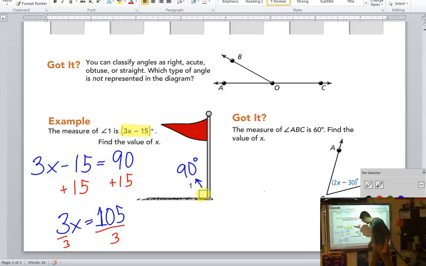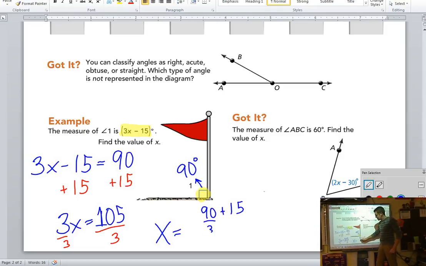Now this gets a tiny bit tricky. If it was 100 divided by 3, I'd get 33.3 repeating forever. But 105 divided by 3, let's break this up. Let's actually make that 90 and 15. So I'm trying to do this without a calculator. Obviously, you could use a calculator, but I'm trying to help you think through it without.